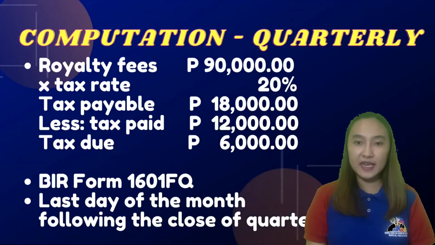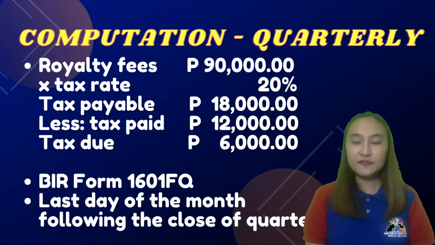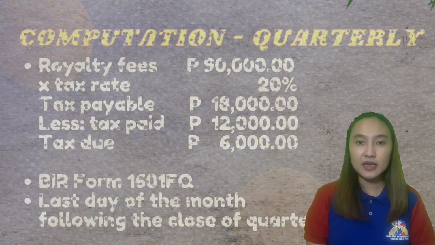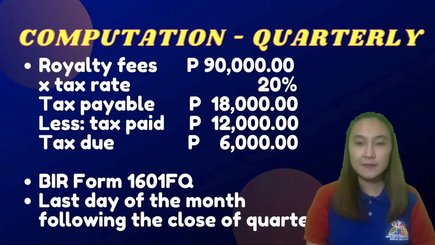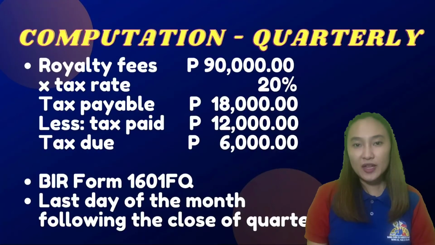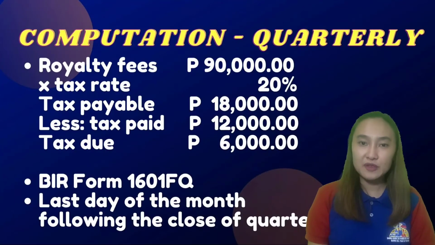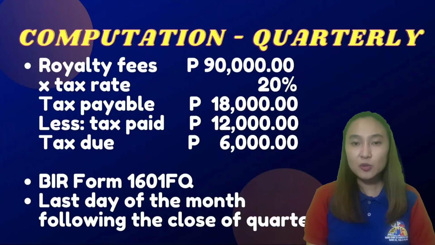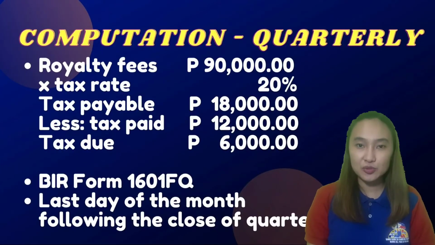For the quarterly filing and remittance, royalty fees with a cumulative amount of 90,000 pesos multiplied by the applicable tax rate of 20% is equivalent to 18,000 pesos final withholding tax payable, less 12,000 pesos final withholding taxes paid on the previous 2 months, is equal to 6,000 pesos final withholding tax due.